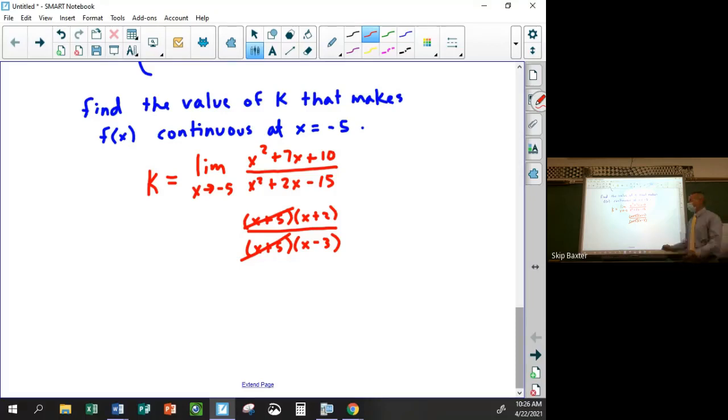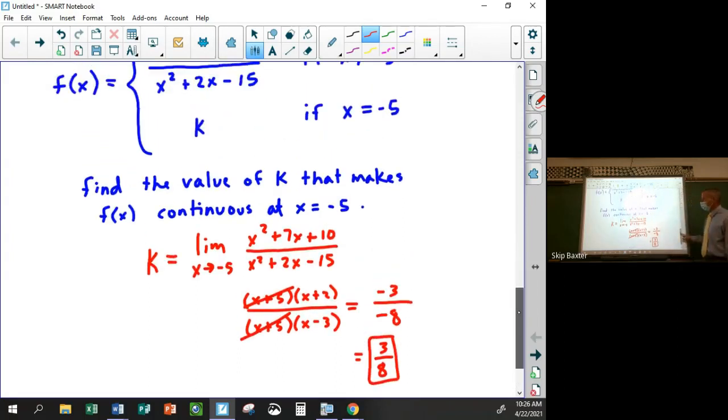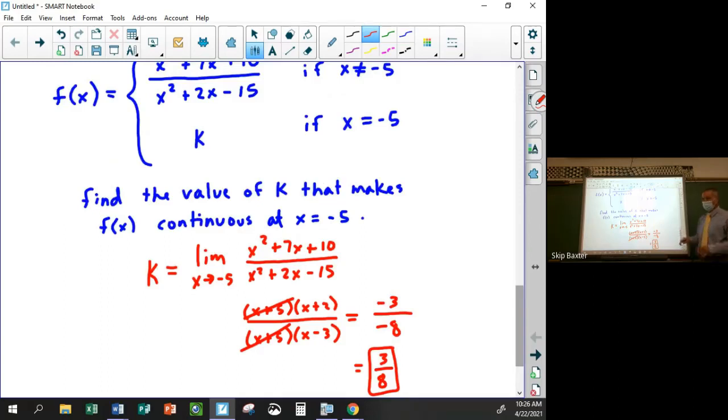Yeah, just plug in negative 5. So I have negative 5 plus 2, negative 3, over negative 5 minus 3. So the answer is 3/8. That's what k has to be in order for this function to be continuous at negative 5. Does that make sense in theory and also like what I did?